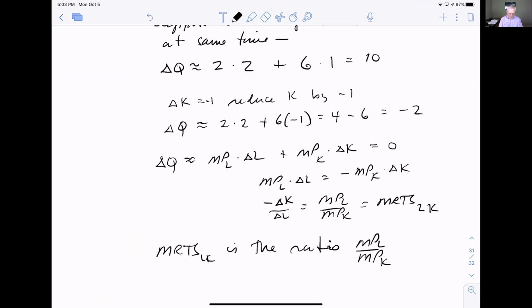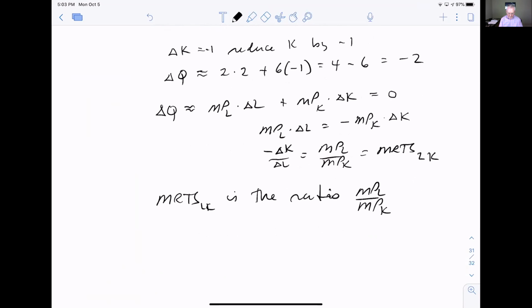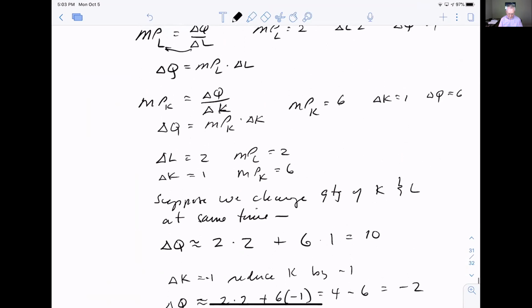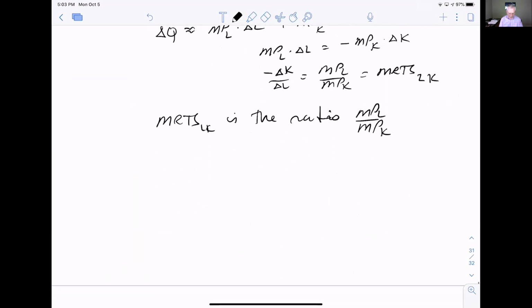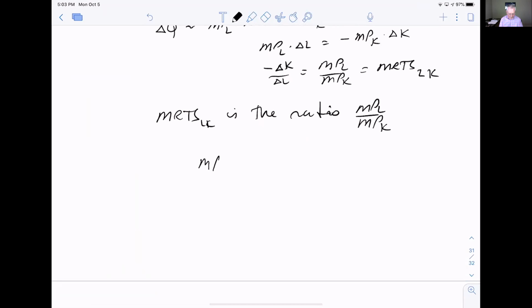Now note, in my world up here, I said the marginal product of labor was 2, and the marginal product of capital is 6. So what that tells me is I get 3 times as much output from 1 additional unit of capital as I get from labor.